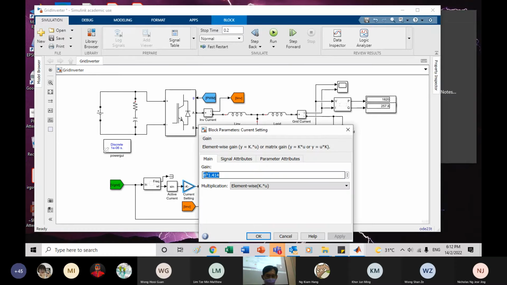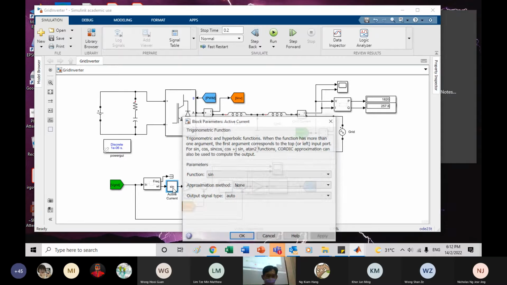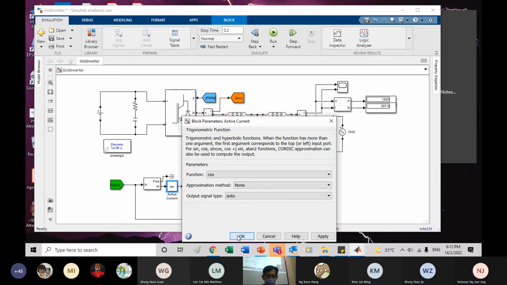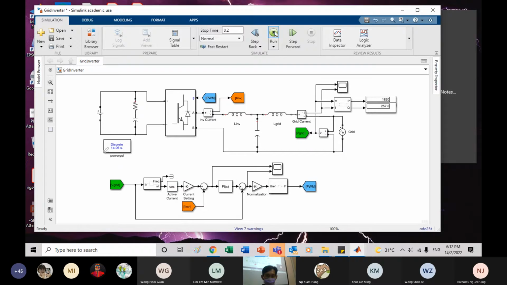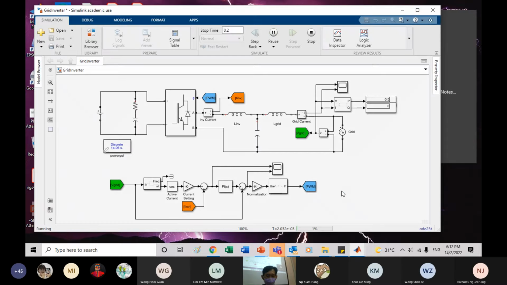Now let's put it back to 4 first. And I change this to cos. Okay. Now you can see I have a lagging power, negative 800 something.